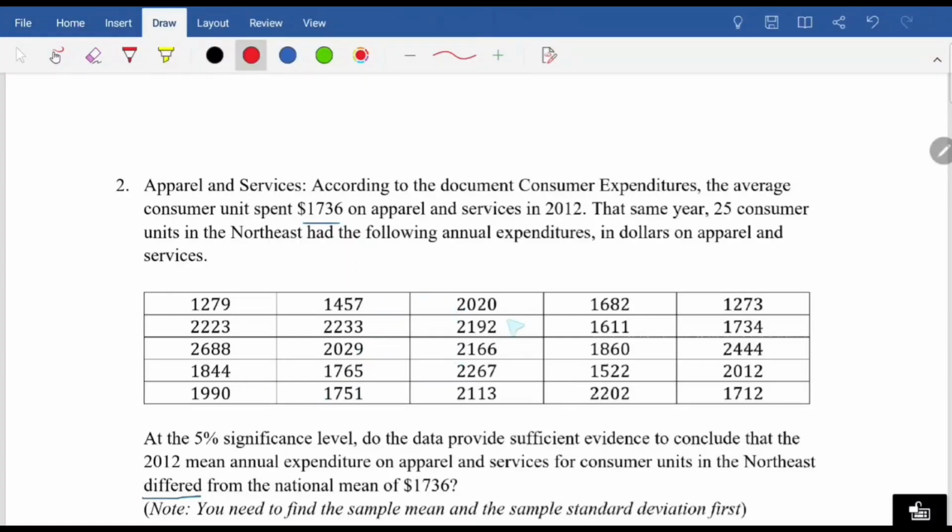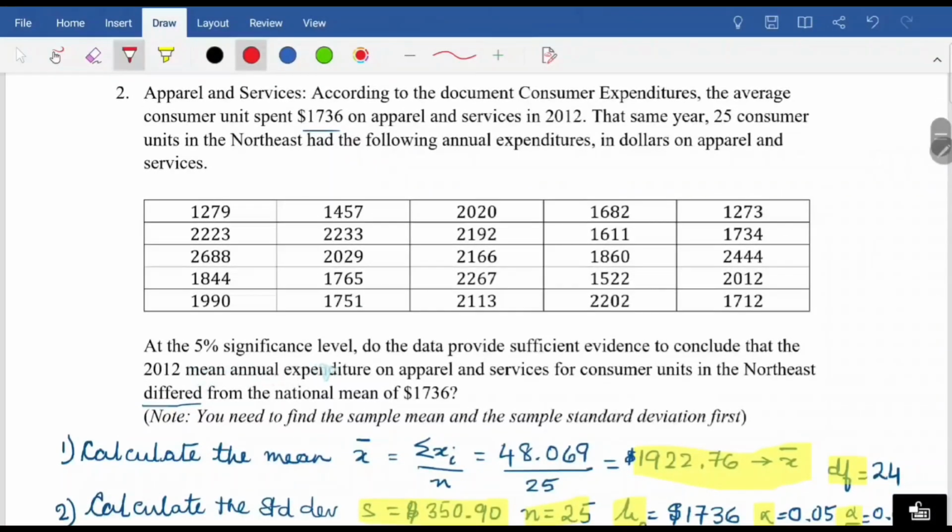They've given us the data here for the 25 consumer units in the Northeast, right? The question is, at the 5% significance level, do the data provide sufficient evidence to conclude that the 2012 mean annual expenditure on apparel and services for consumer units in the Northeast differed from the national mean of 1,736?